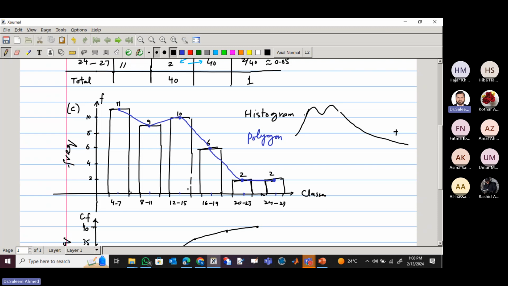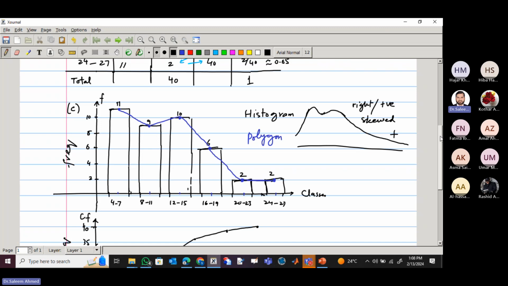At the beginning, we have two jumps there from 11 to 9 and then 10, and then we are having a tail on the right side, right? So this type of shape is there. So you can say that it is not a symmetrical distribution. We have a tail on the right. So right skewed or positive skewed, you can say that. Both names are used when you have a tail on the right.